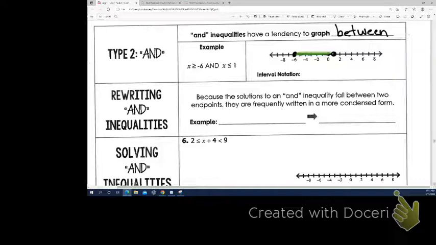And so typically this is going to be written in a more condensed form. So for example, if I have x is greater than or equal to -6, and, so I'm just rewriting what I had at the top, x is less than or equal to 1, then I could just write smallest, largest at the end, x is between.